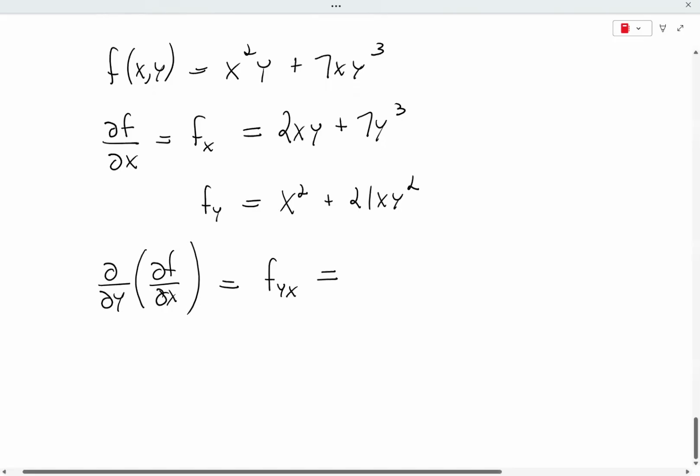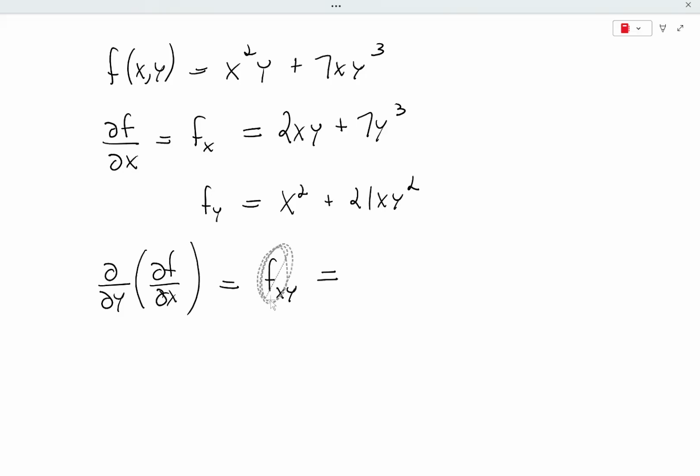Wait a minute, no, it's backwards. This should be xy. This is xy, you write it like this. So this says you take the partial with respect to x, and after that you take the partial with respect to y.